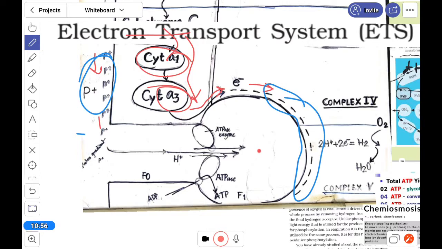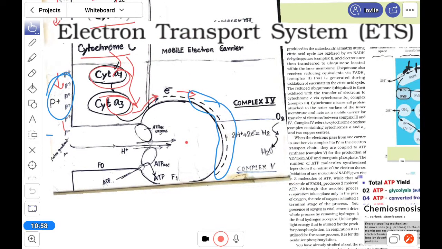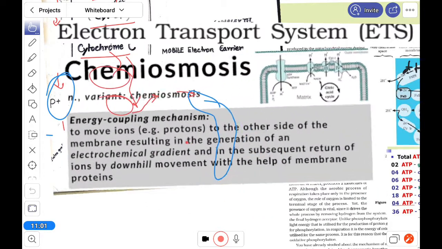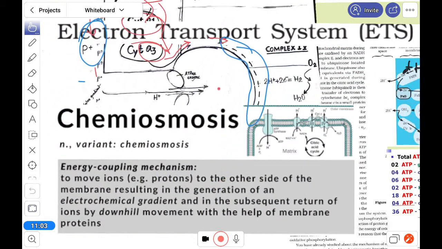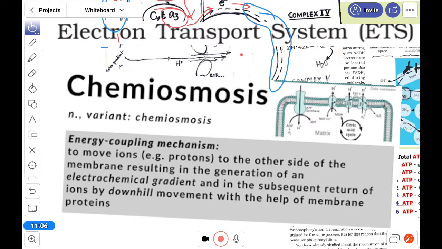So let's know a little bit about this one. Chemiosmosis is an energy coupling mechanism to move ions, that is protons, to the other side of the membrane, resulting in the generation of the electrochemical gradient and subsequent return of ions by downhill movement with the help of the membrane protein and some enzymes also.